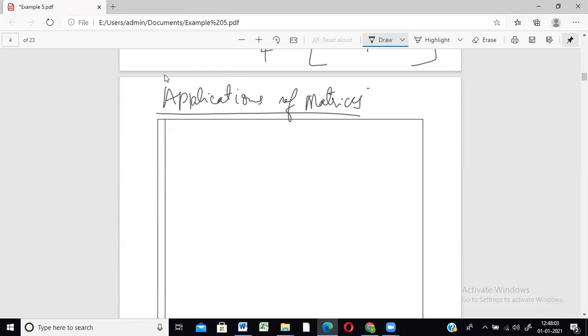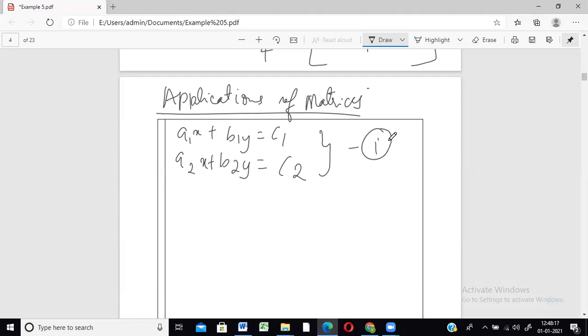So in general, if you get any equation like this, a1x plus b1y is equal to c1, a2x plus b2y is equal to c2, where a1, a2, b1, b2, c1, c2 are all numbers, any numbers. Now consider, how will matrices help us in finding the solution set of these equations, that is, the values of x and y? What you have to do is always consider this.